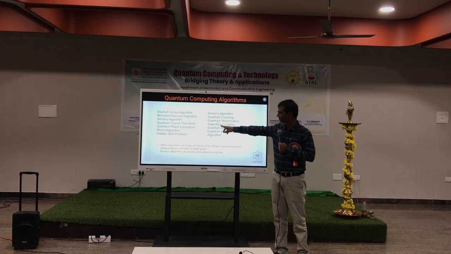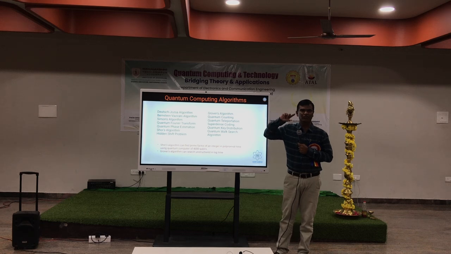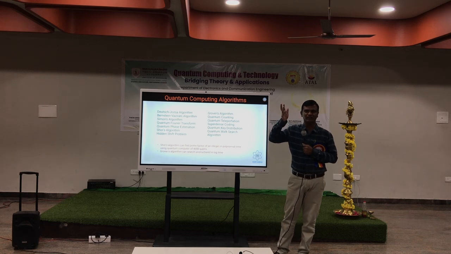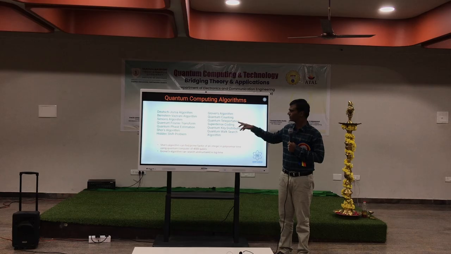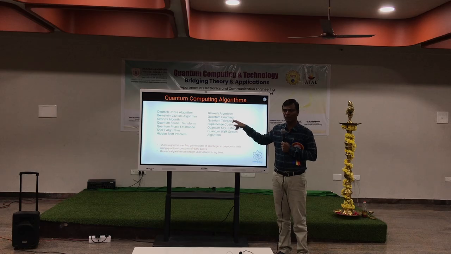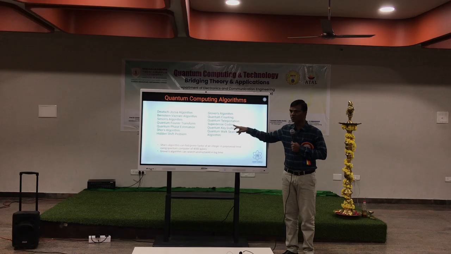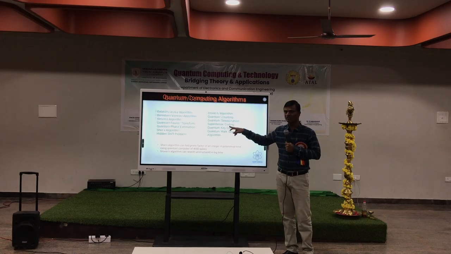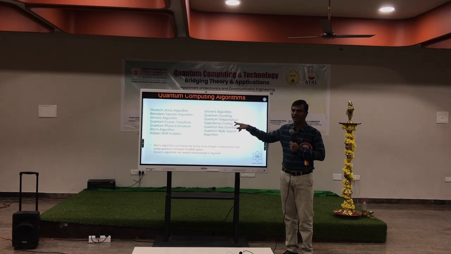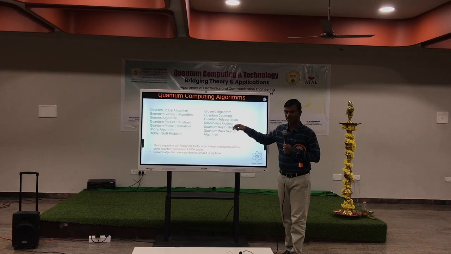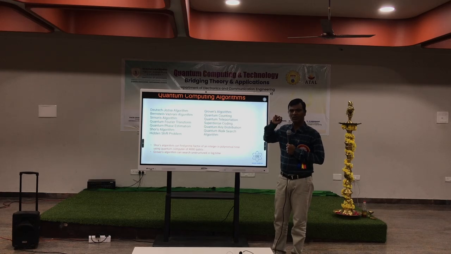And I told you this one, quantum teleportation, they are used mainly for quantum information passing from one place to another, especially in space technology also they are using. You will be having one session on this quantum teleportation. And superdense coding needs quantum error coding also.